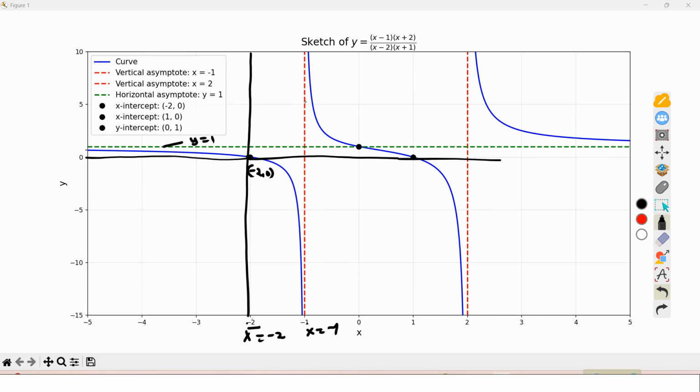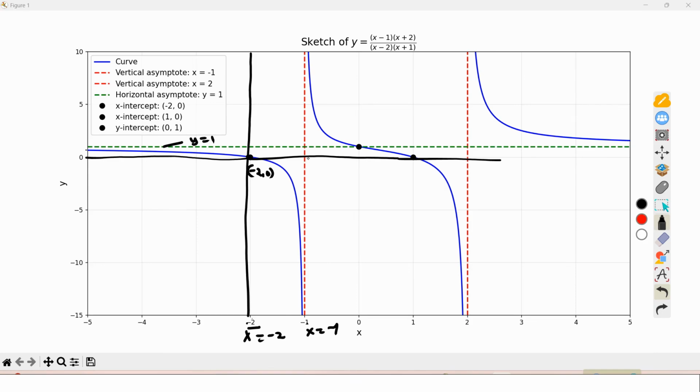It should not pass through the vertical asymptote. So the curve cannot pass through the vertical asymptote. But we shall also look at some scenarios where the curve can cross the horizontal asymptote. Even here, you can realize that the curve is crossing this. So this one is possible, but it can never cross what we call the vertical asymptote.